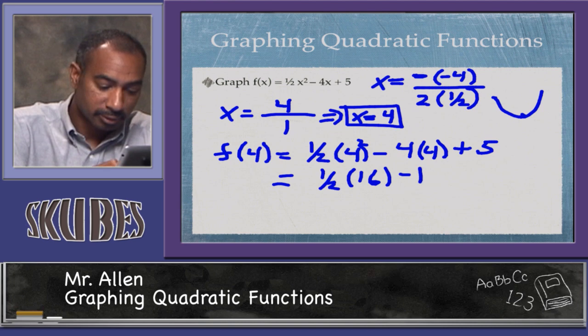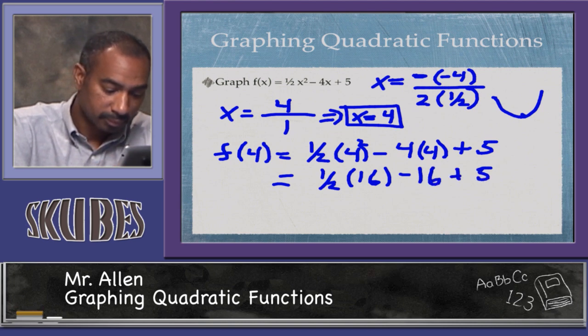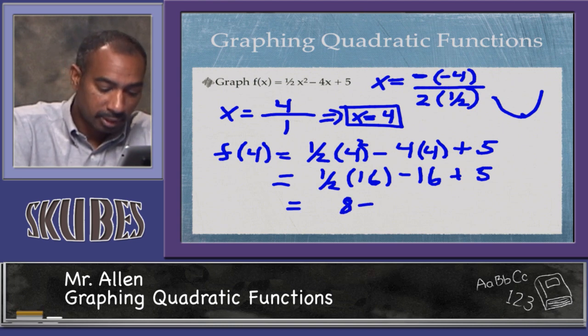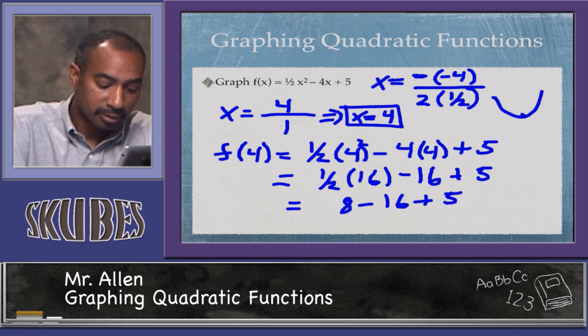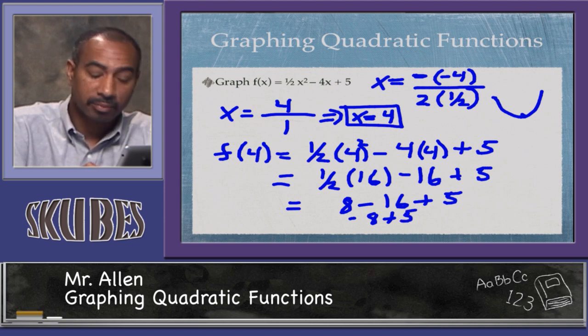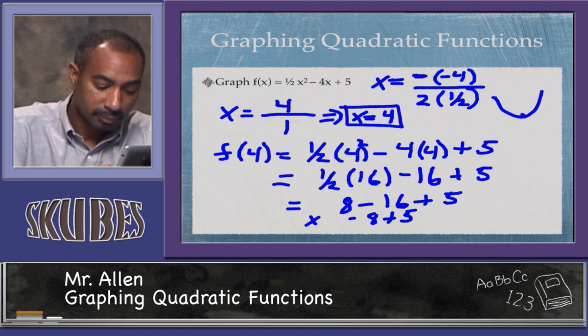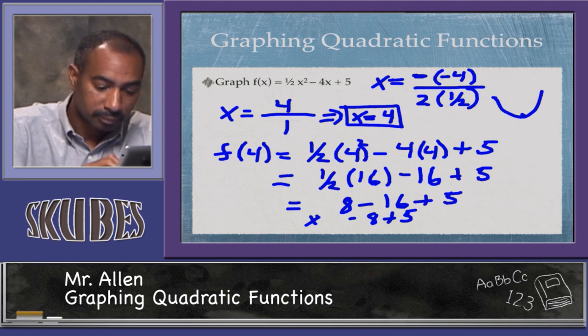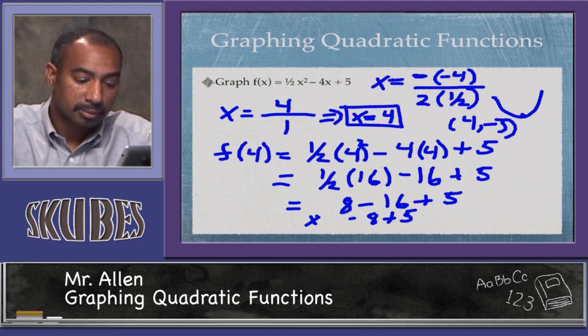And 4 times 4 is 16, plus 5. Take half of 16, that's going to be 8. 8 minus 16 plus 5. 8 minus 16 is negative 8. And negative 8 plus 5 gives us negative 3. So we're going to have 4, negative 3. That's going to be our vertex point.